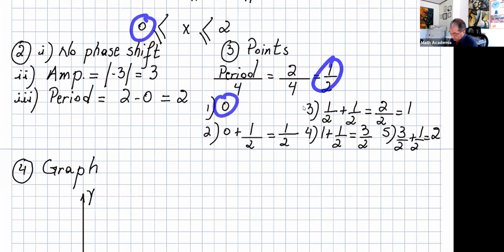Then you keep adding 1/2. 0 plus 1/2 is 1/2. 1/2 plus 1/2 is 1. 1 plus 1/2 gives you 3/2. And 3/2 plus 1/2 is 2. Check the starting point and the ending point: 0 and 2. It matches, so we're doing it right.